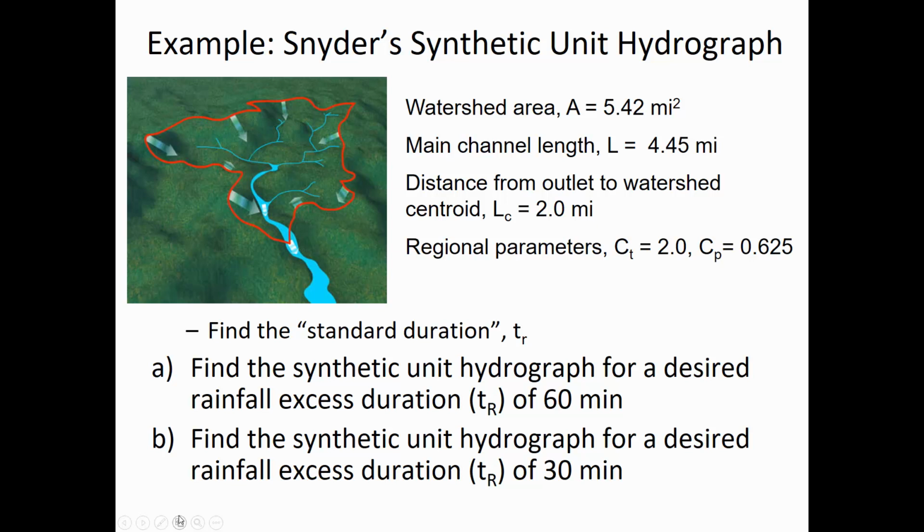So the book goes through where 2581 comes from, but it's 2581 times the area, 5.42 square miles, divided by 551.9 CFS per inch.